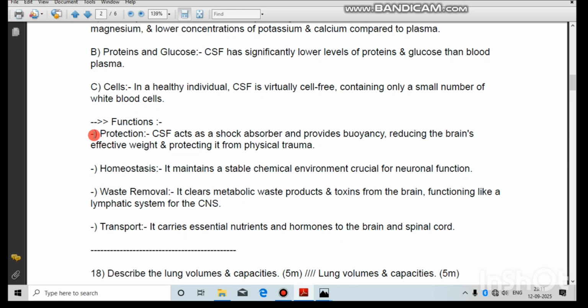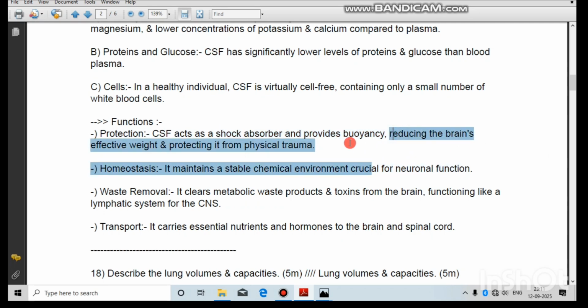The first function of CSF is protection. How does it provide protection? CSF acts as a shock absorber and it will provide buoyancy. That will reduce the brain's effective weight and it will protect from physical trauma.